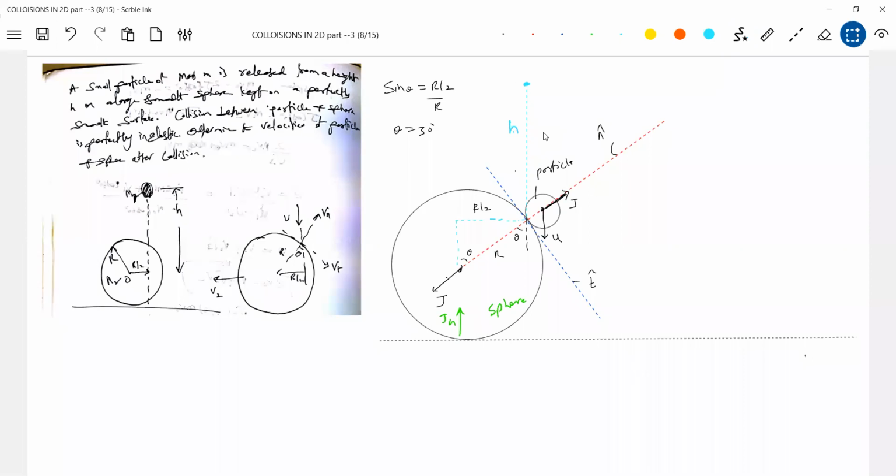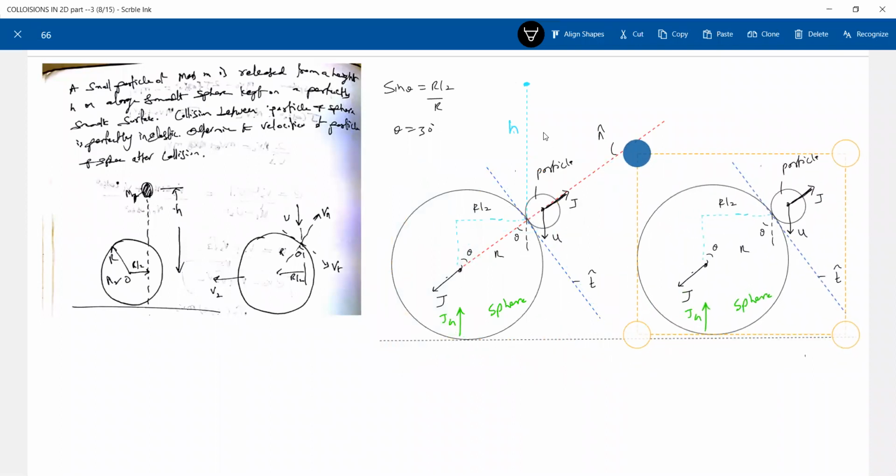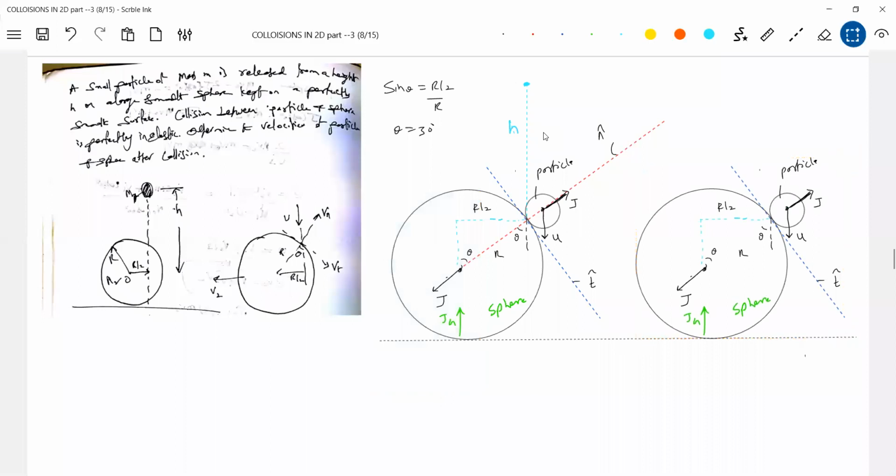So after collision, what can happen? After collision, what all can happen? Now, how best can we do this problem here?